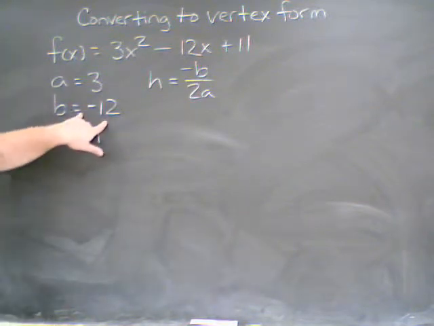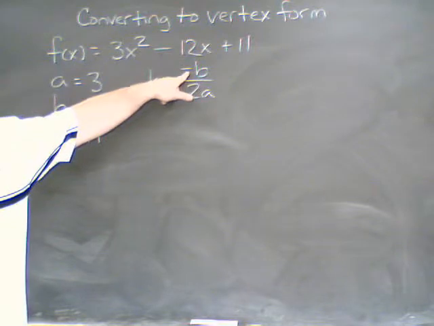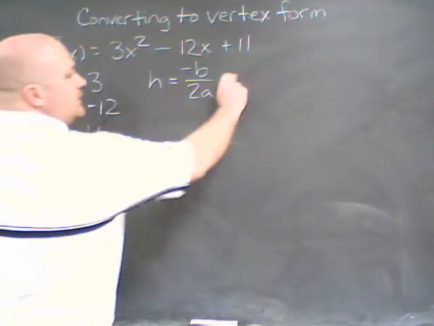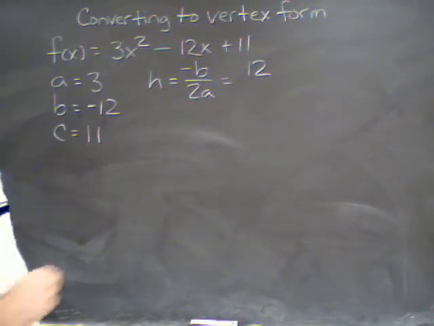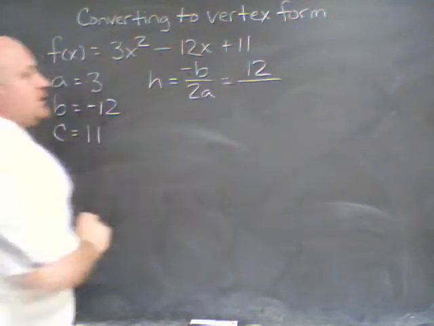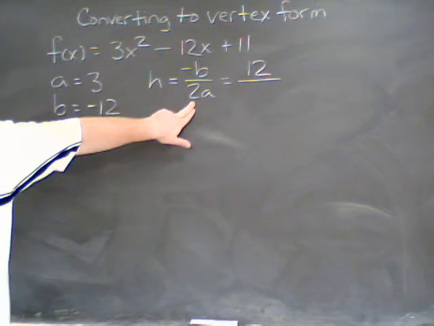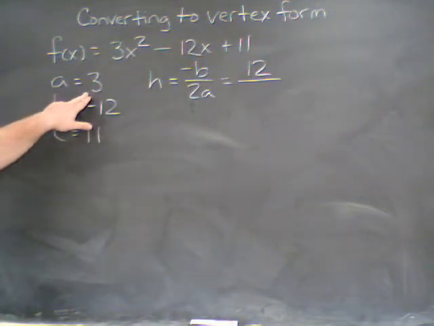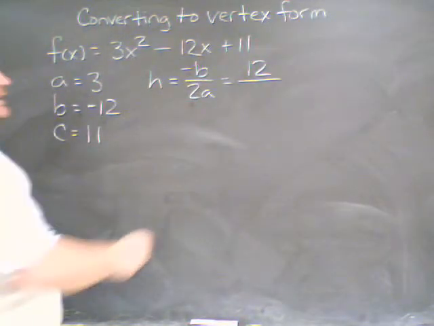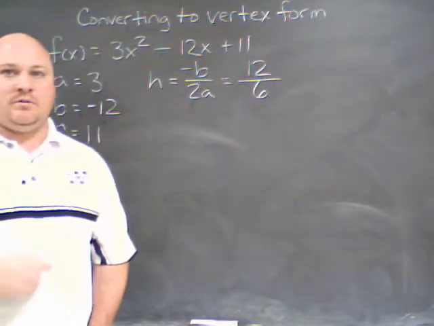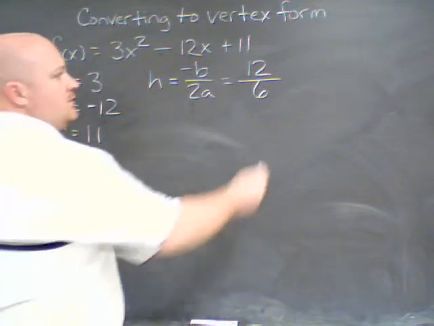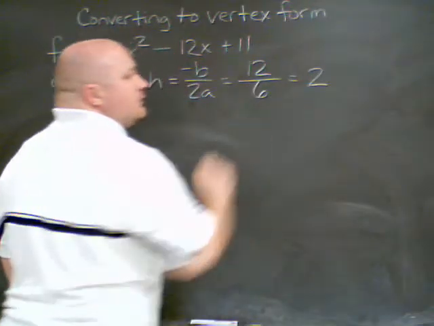Well, B is already negative 12, so when I make it negative again, it is going to become positive 12. So my denominator is going to be 2 times the value of A, which is 3. So 2 times 3 is 6. So H becomes 12 divided by 6. The value of this is going to be 2.